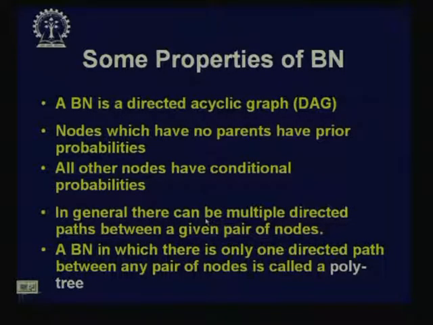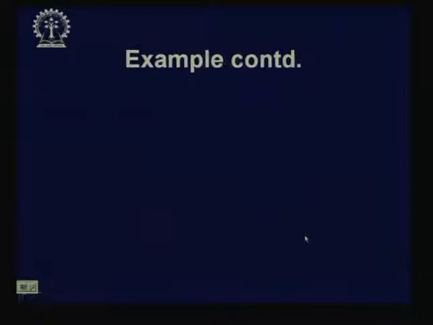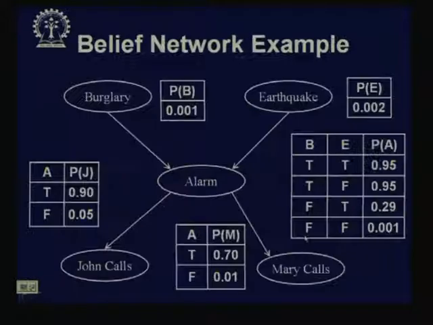In general, there can be multiple directed paths between a given pair of nodes. It is a possibility that there will be multiple paths from one node to another, but that case we will not consider.